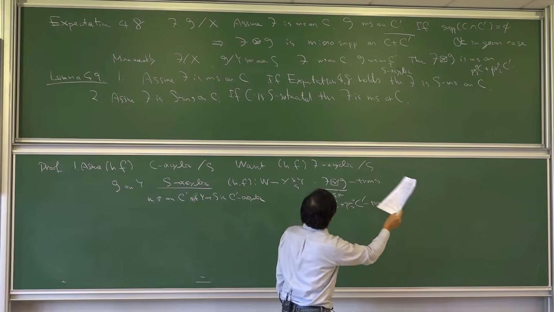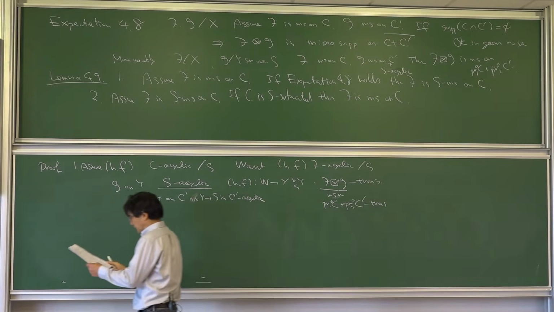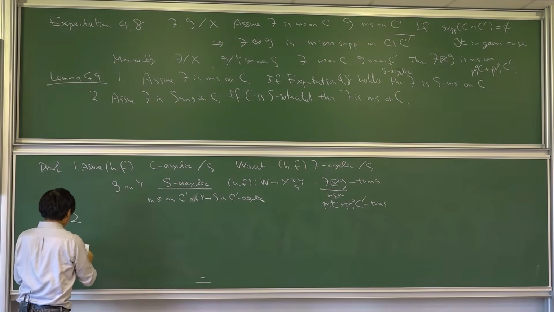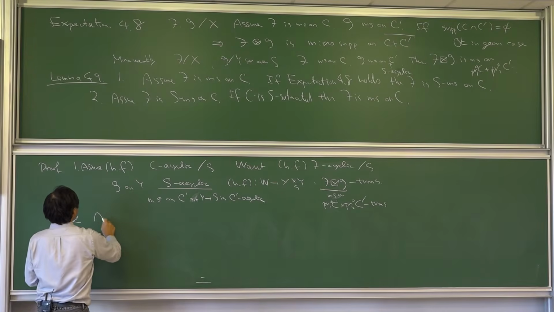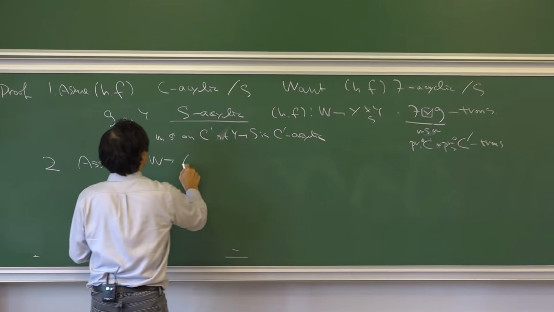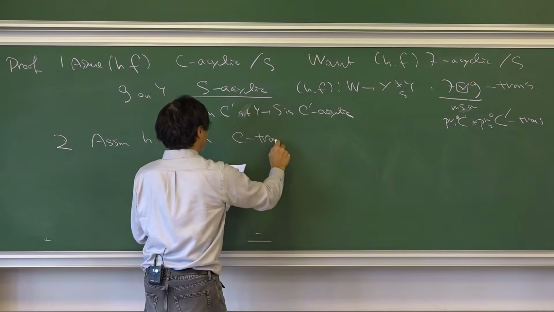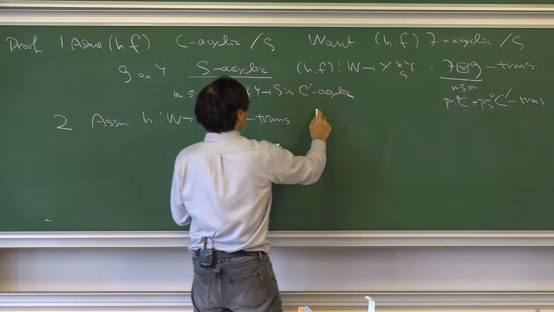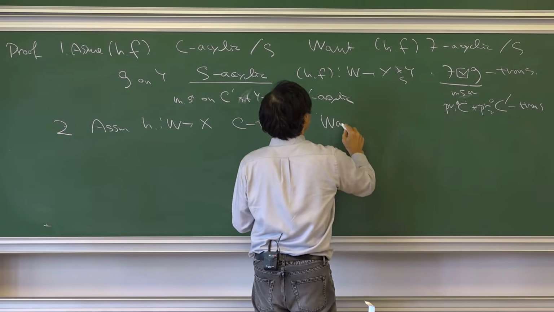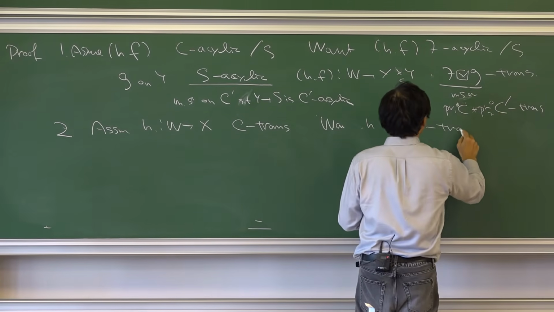Okay, so using that expectation and that property, we have the first one. And the second one, so now we want to prove the absolute one. So we just take one more sum and assume transversality. Then we want to show that h is F-transversal.